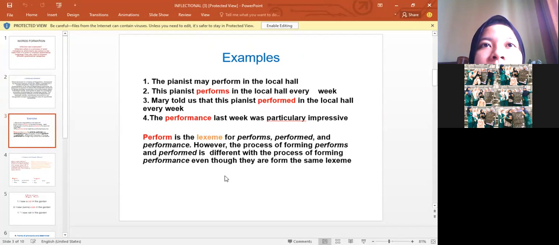So forth, the performance last week was particularly impressive. Perform is the lexeme for perform and performance. However, the process of forming performs and perform is different from the process of forming performance, even though they are from the same lexeme.